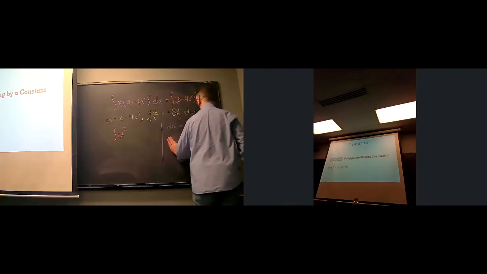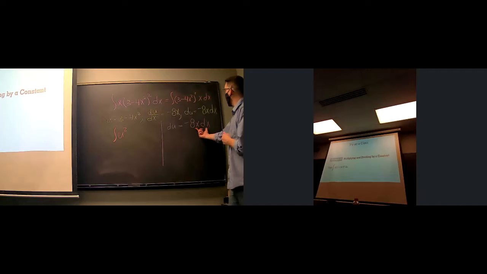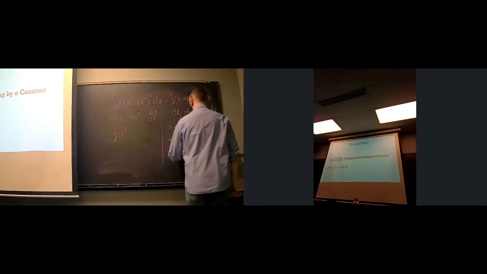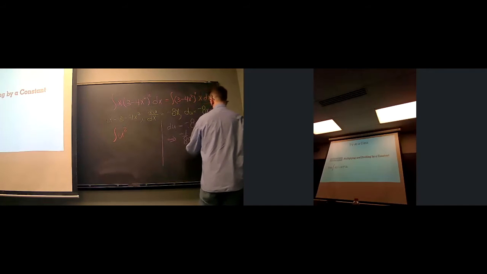So another way of looking at this is to say, all right, we want this. How can we rearrange these so that we have x dx? Make sense what I mean? So what we have is negative 1 over 8 du is equal to x dx.